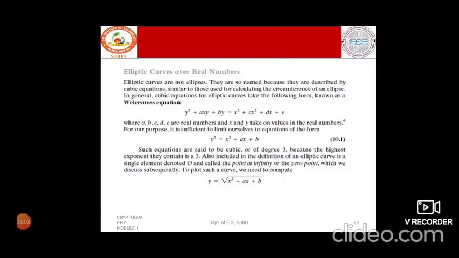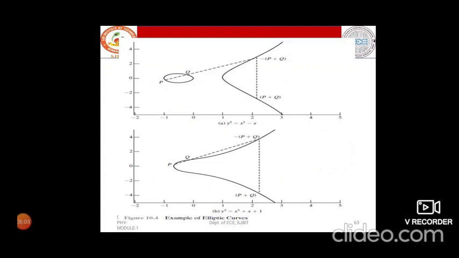Let us consider the set of points E(a, b) consisting of all the points (x, y) that satisfy this equation together with the element O. Using a different value of the pair (a, b) results in a different set E(a, b). Using this terminology, the two curves in this figure depict the sets E(-1, 0) and E(1, 1) respectively. So this figure shows the example of elliptic curves.